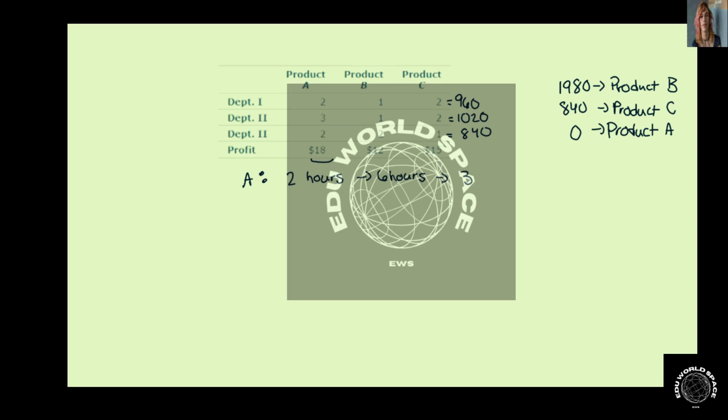And so the profit is 3 times 24, which equals $72.